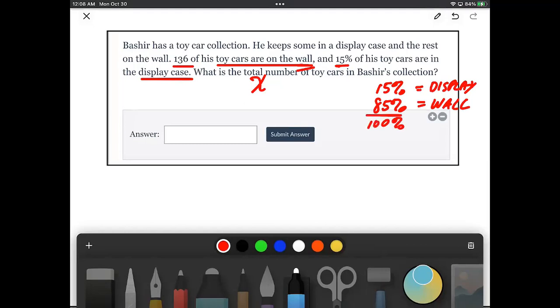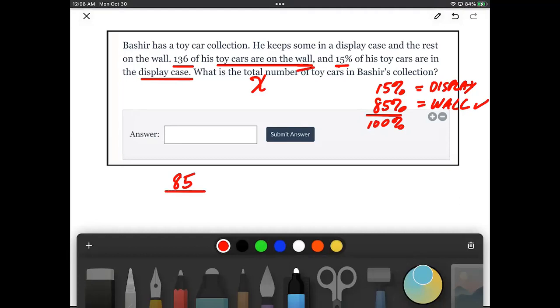Okay, so now we're going to use this percentage to come up with our equation. So we're going to say 85 over 100. Now remember, whenever you get a percent, whether it's what percent or a number, it goes over 100.